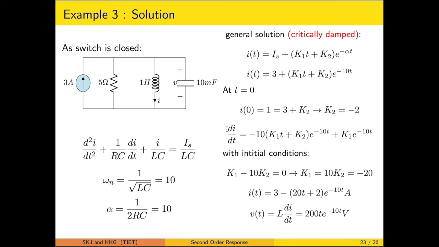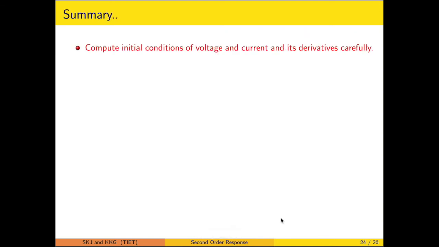Then di/dt equal to 0 is evaluated, substituted, and we get the value of K1 as minus 20. That is the arrangement. Now v of t can be calculated as L di/dt, which gives the voltage to be calculated. So we have to carefully calculate the initial conditions, which are the initial values of voltage and current and its derivative.